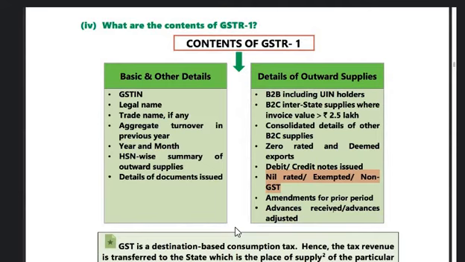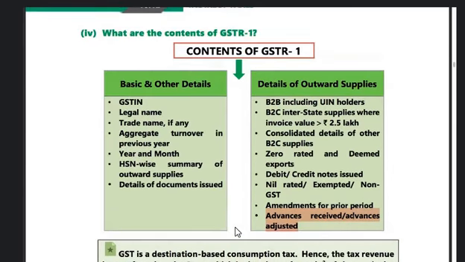Advances received, advances adjusted: whenever a taxable advance is received, we issue a receipt voucher, and once the work is completed, we adjust it against the sales. All those advances received and adjusted, you need to provide in GSTR1.